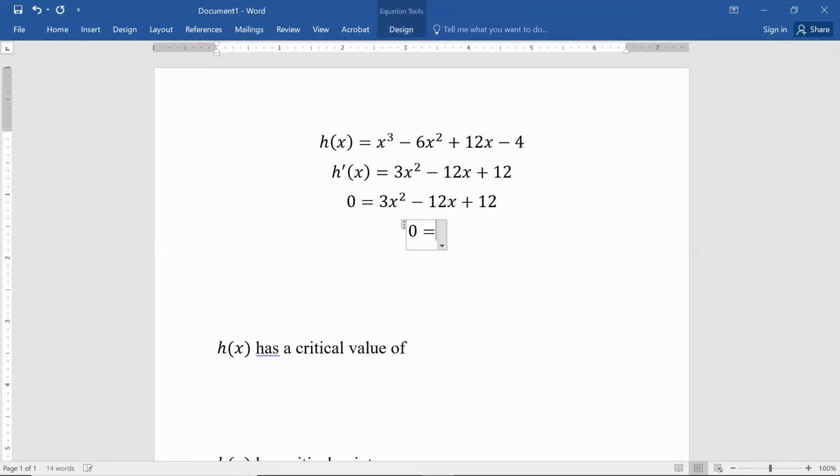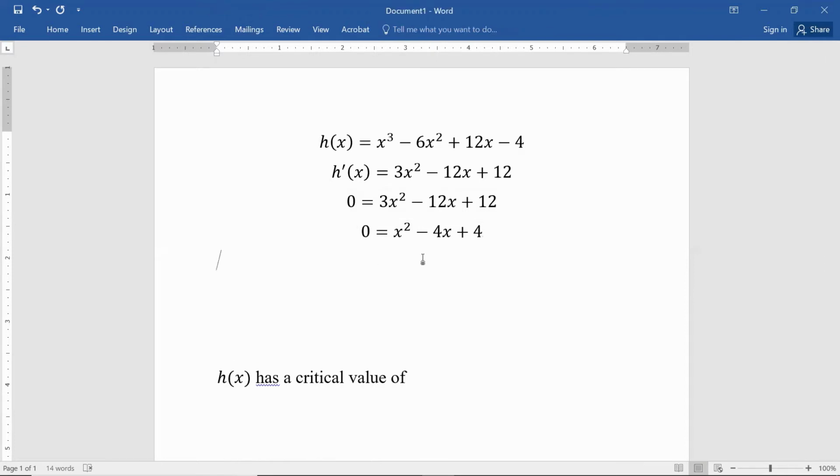If I divide the right-hand side by 3, I get x squared minus 4x plus 4. The left-hand side, if I divide that by 3, I just get 0. Now this equation is ready to be factored in order to solve it.